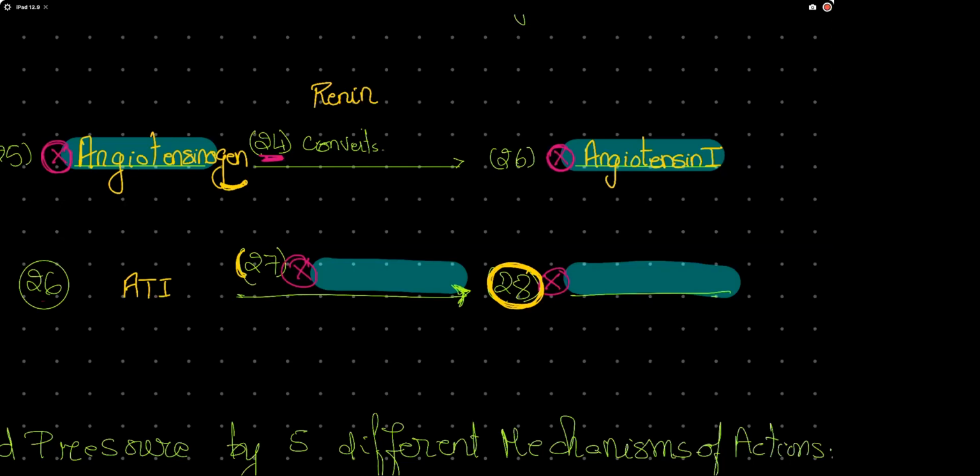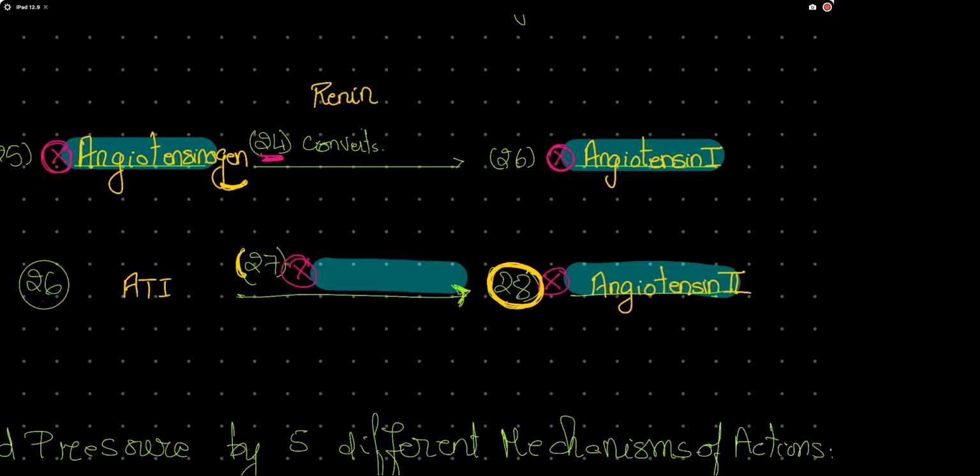What is the final active form of this hormone? Exactly. It's my angiotensin 2. This is my active form.